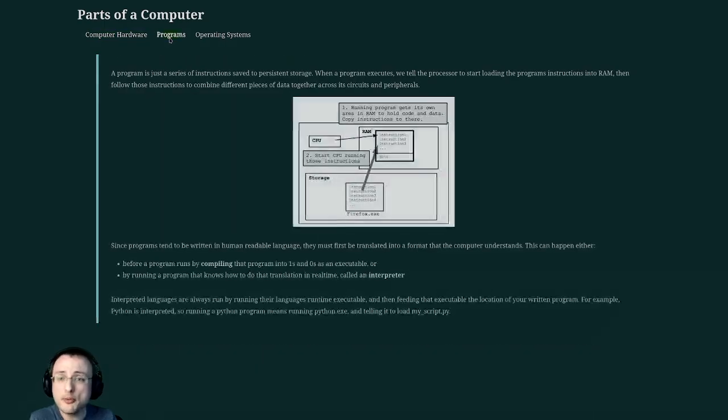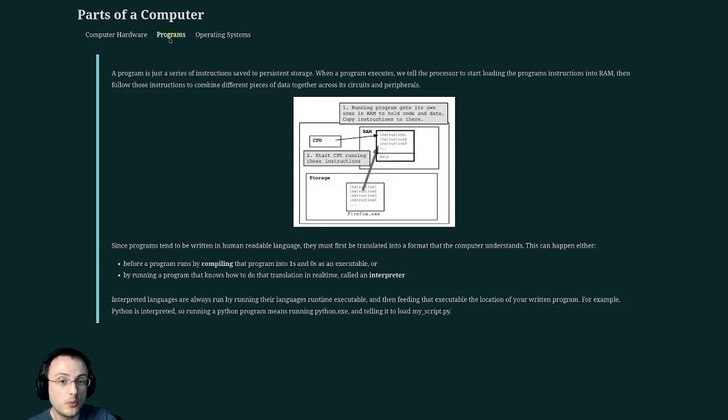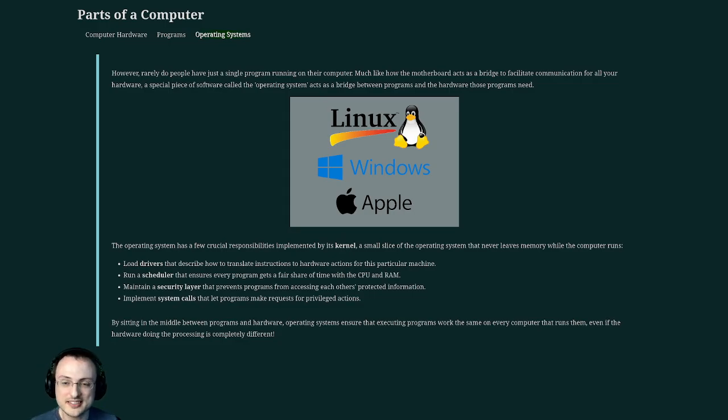We talked about how programs actually get loaded in when you run them, from storage to RAM, and then executing on the CPU one instruction at a time. And then we talked about how the operating system acts as the mediator between all your running programs, sharing access to the hardware and securing access from one program's data to another. So hopefully this gives you some insight into what happens when you run your programs.